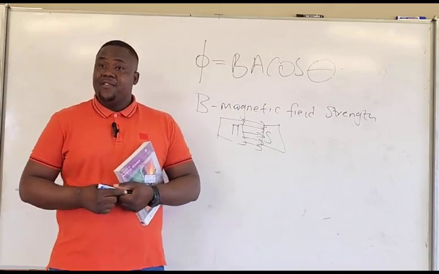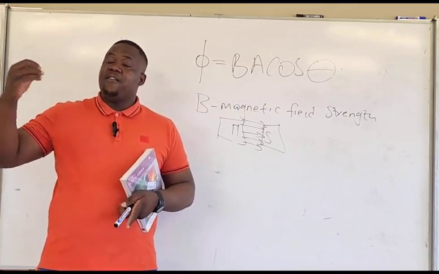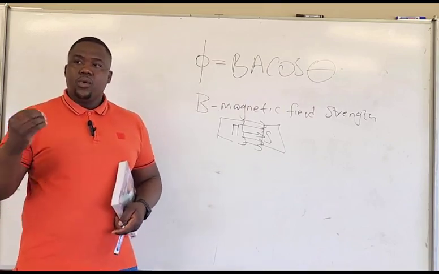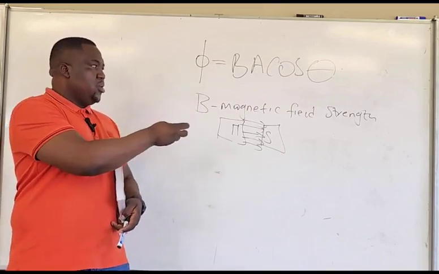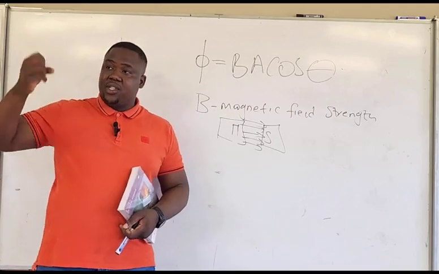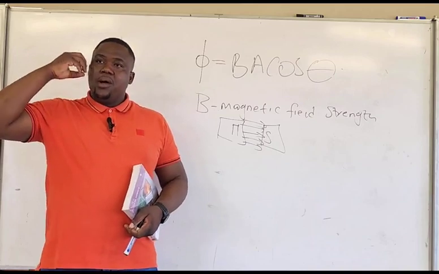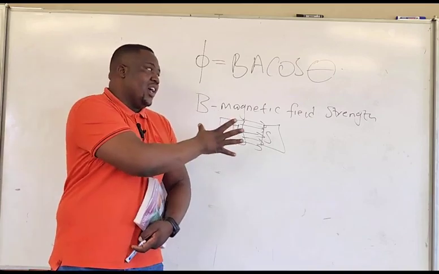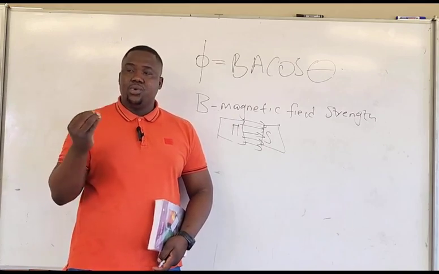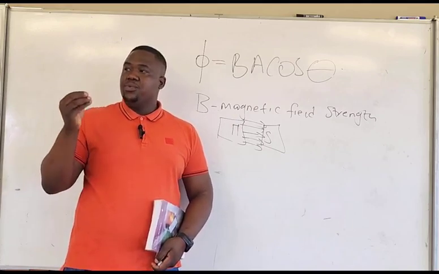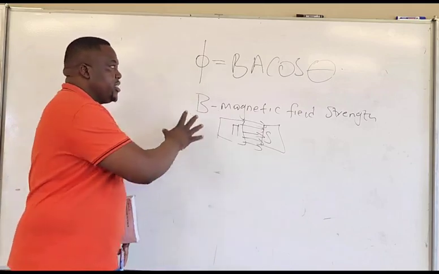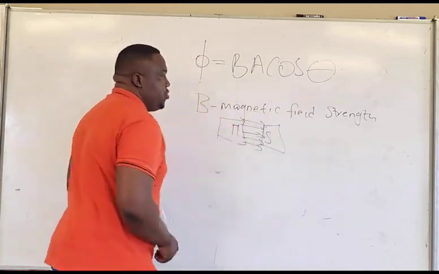Remember that if you want to produce a higher voltage, you need to increase the magnetic field strength. When you increase the magnetic field strength, you are going to induce a much bigger voltage. I will explain later the things you need to do to produce a higher voltage, because they are affected by this formula.